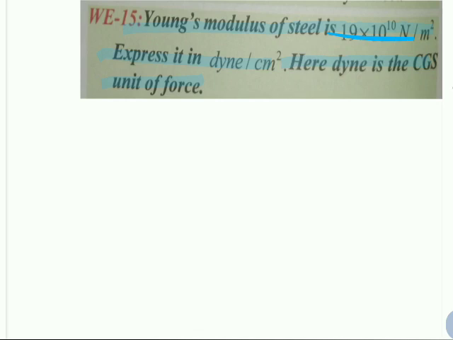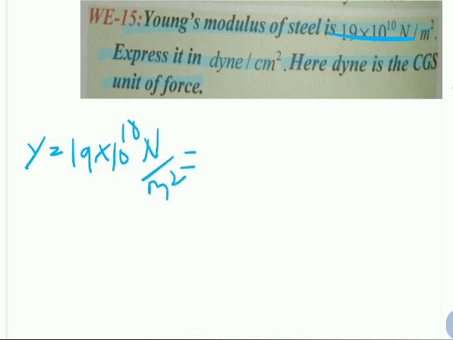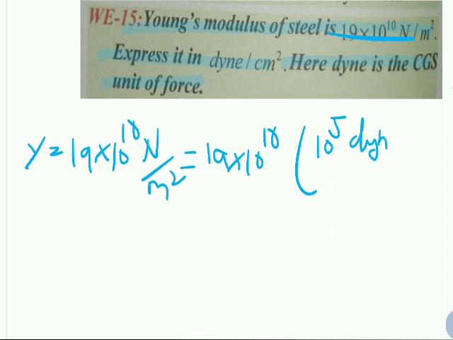Y is equal to 19 into 10 to the power of 10 Newton per meter square. So 19 into 10 to the power of 10 into 10 to the power of 5 dyne by 10 square centimeter square.